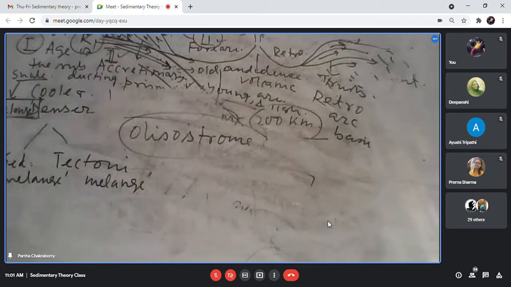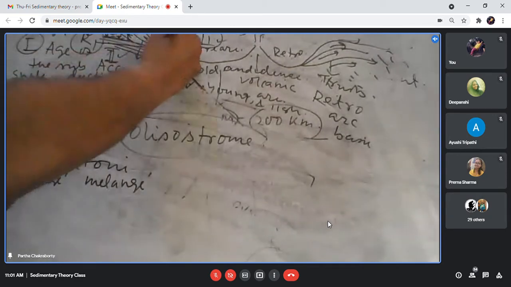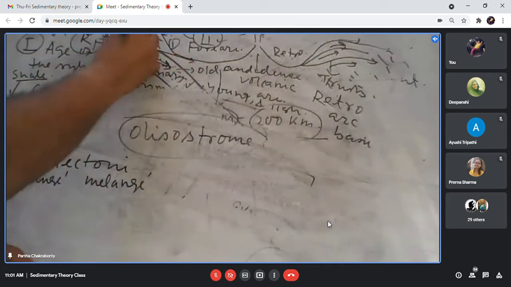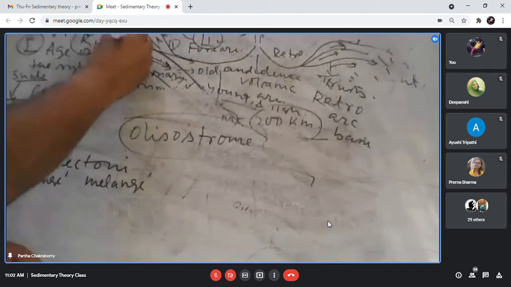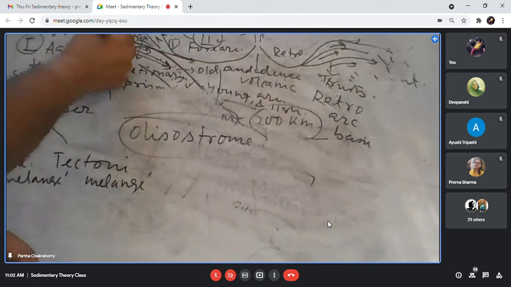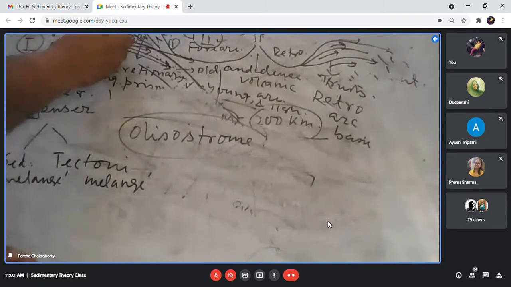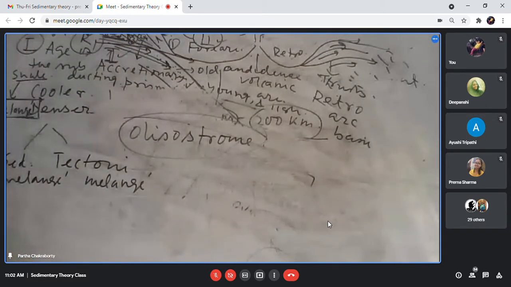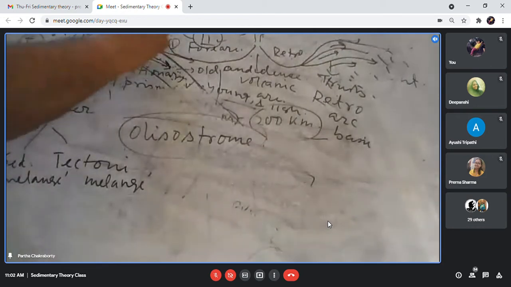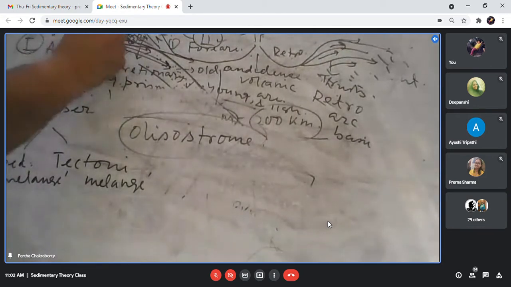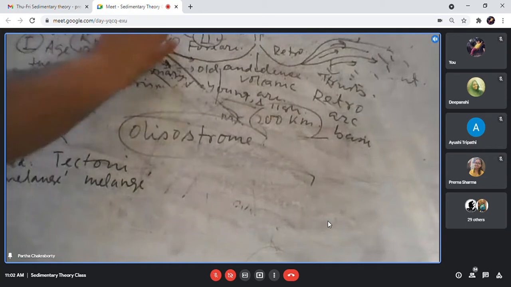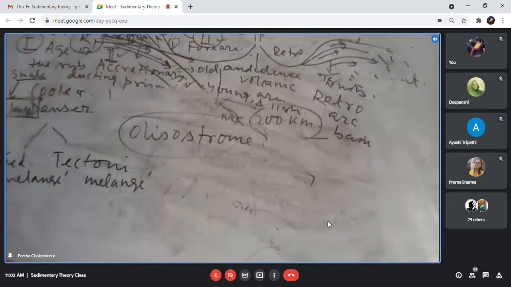So what happens? This is the first thrust. The next thrust will come below it. The third thrust will come below the second. So newer and newer thrusts will come like this, and this will be the older thrust. As new thrusts come, the entire thrust sheets rotate and this becomes a steeper slope.